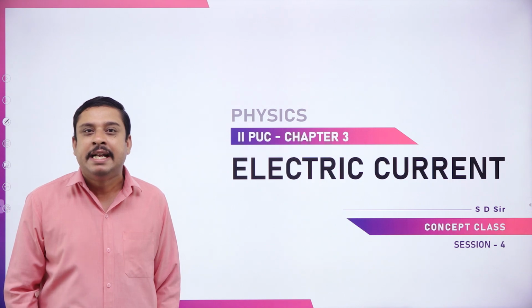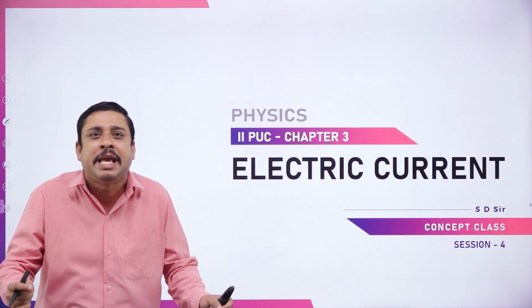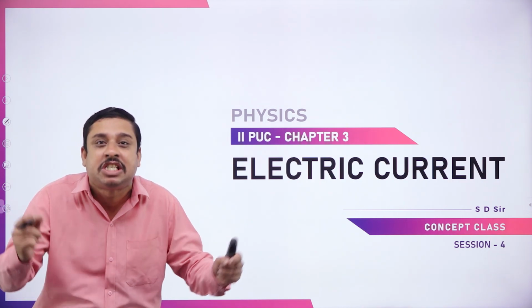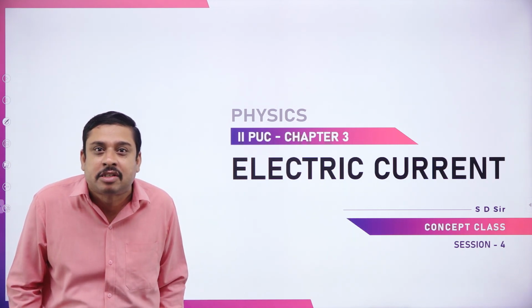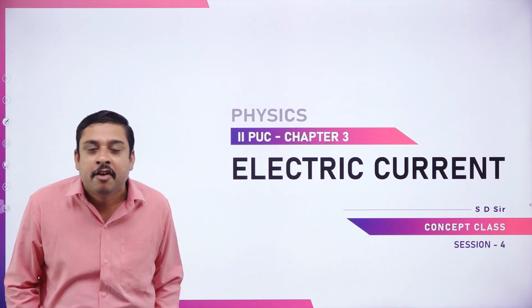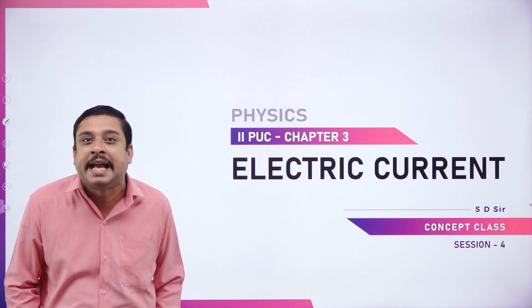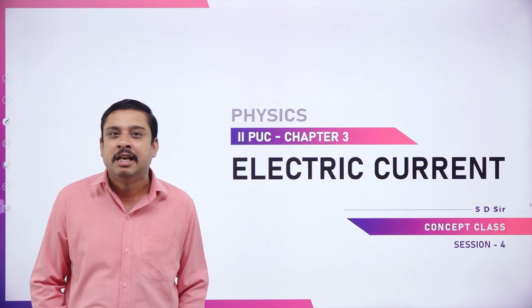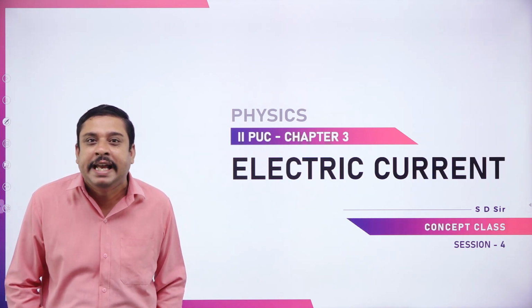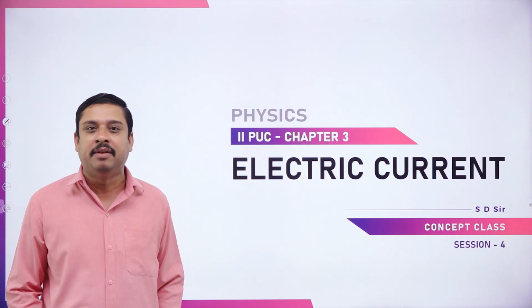We told it is some type of opposition. Who is opposing? Conductor. For what? Flow of electric current. And we wrote R is V divided by I.